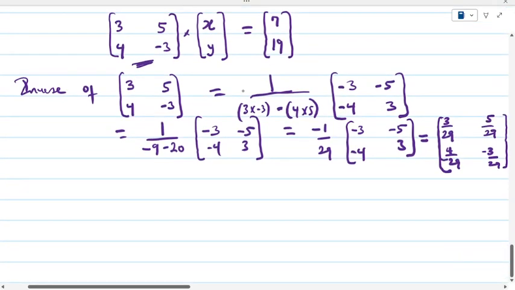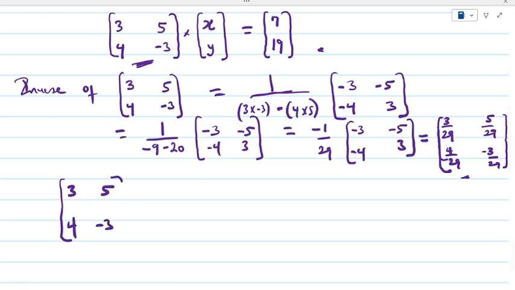So now I'm going to multiply each side of this with this inverse. And don't forget, if I multiply 3, 5, 4, minus 3 with its inverse, I'm going to have a unit matrix. You can also check our previous class for that.